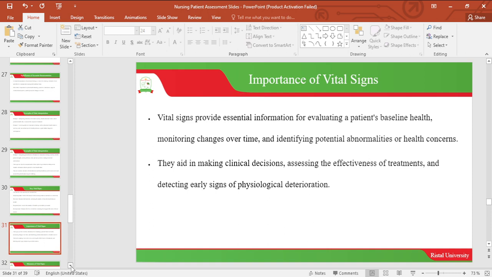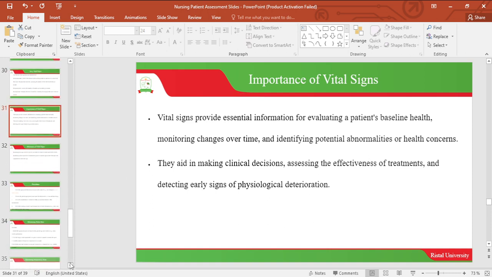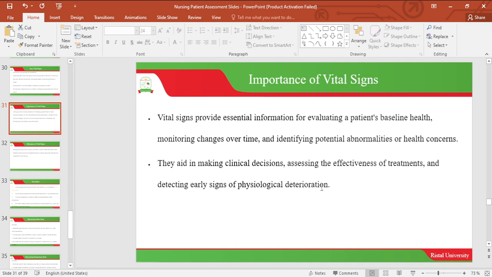Let's look at the importance of vital signs. Vital signs provide essential information for evaluating the patient's baseline health. For example, the patient may come in and the temperature was maybe 36.8 degrees centigrade.